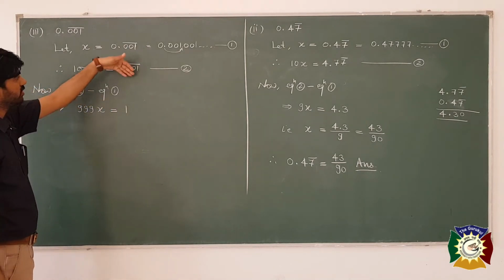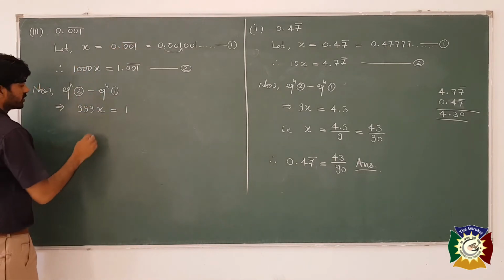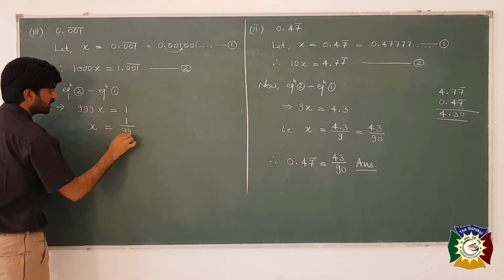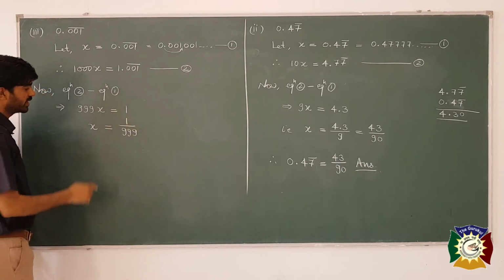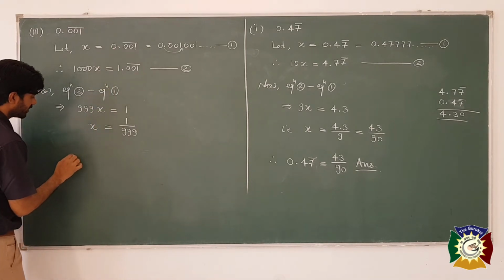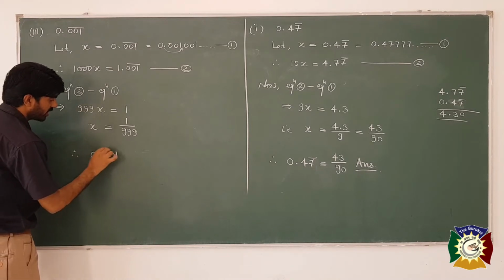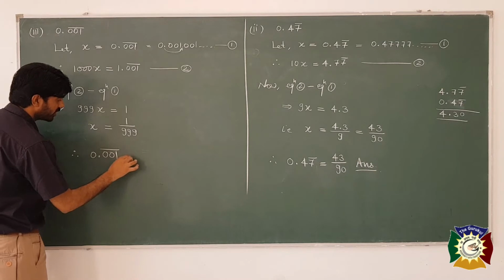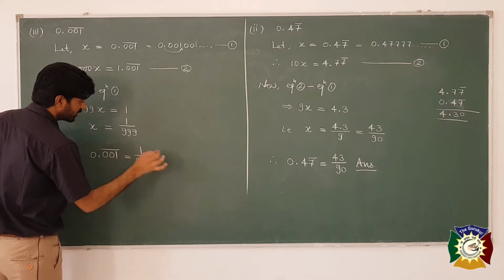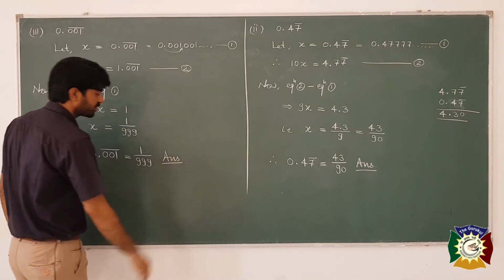This minus this, all this will be deleted, 1 minus 0 will be 1. So x is equal to 1 divided by 999. And what was x? X is equal to 0.001. Therefore 0.001 and bar on all three is equal to 1 divided by 999. This will be our answer for this part.